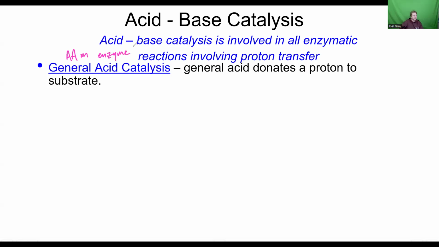Think about it as that amino acid is protonated and therefore can donate that proton. A good example of an amino acid that can be protonated, and go ahead and add to the chat, a single letter code for an amino acid that can be protonated. So it has a proton that it can donate to something else.